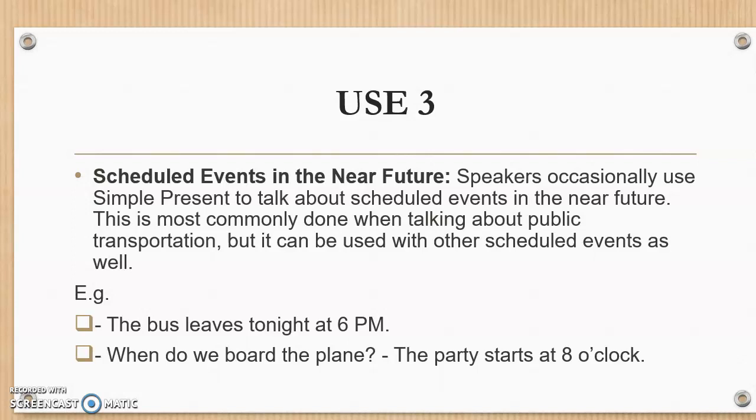It hasn't happened yet. If you have a schedule for a near event, then you express your opinion now. You have to use the simple present too. For example, you have a plan tonight.